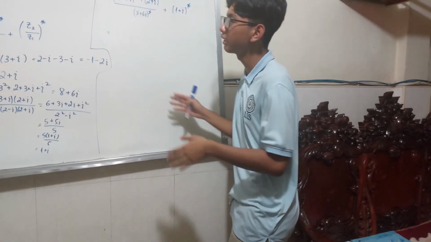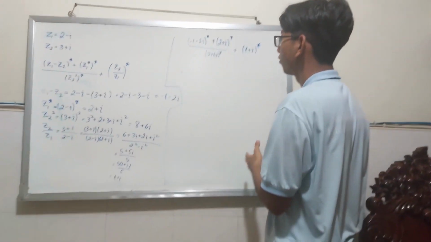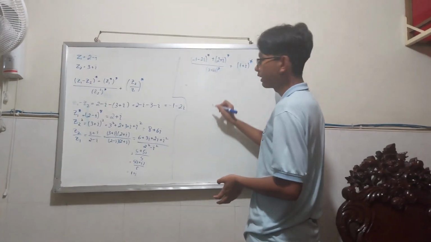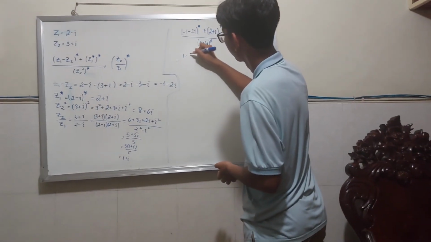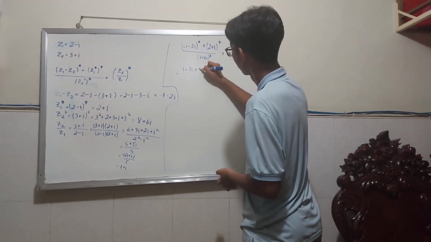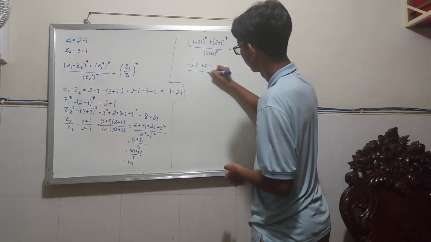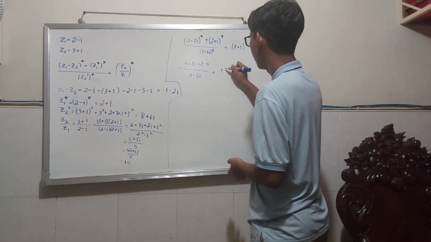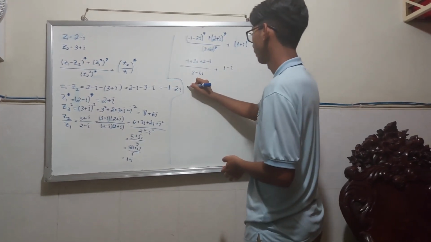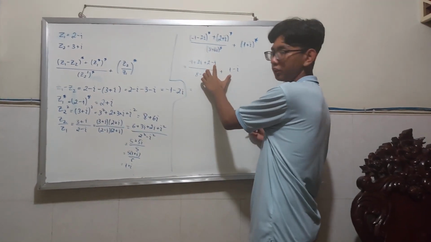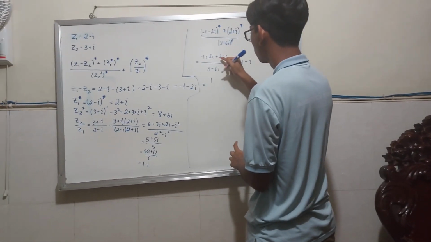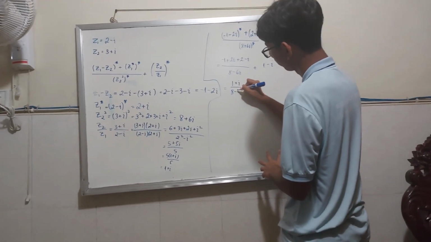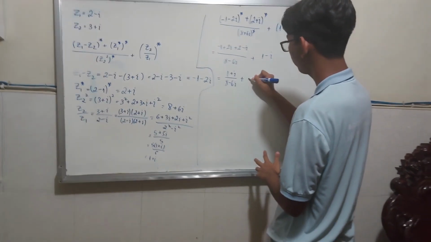As I mentioned, the conjugation of the term is just switching the middle sign. So let's go ahead and change all their signs. Minus 1 plus 2 is 1, and 2i minus i is plus i.